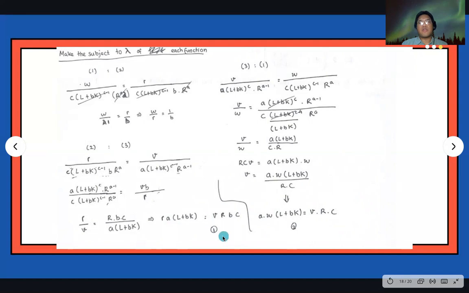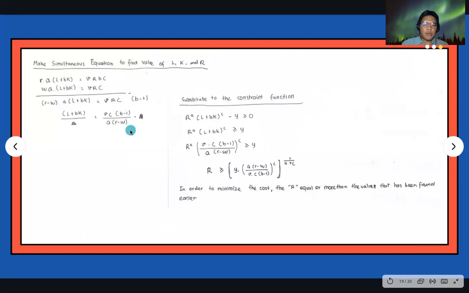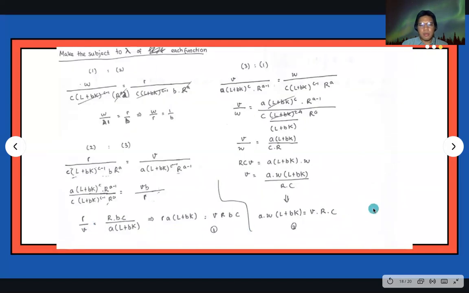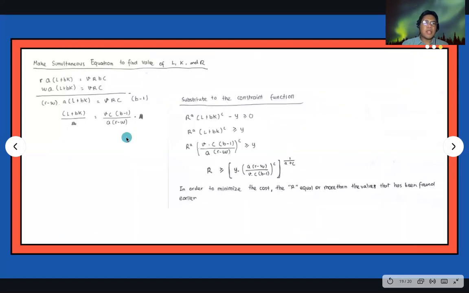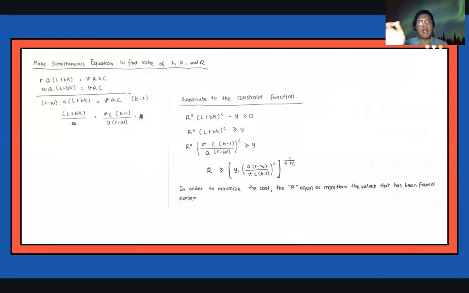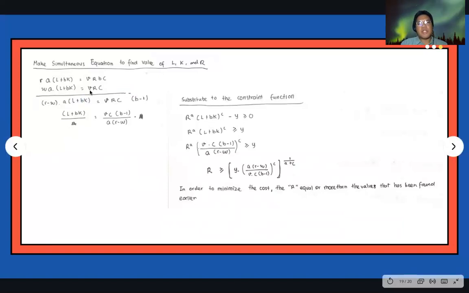Why do we have to do that? The answer is right here. We did this manipulation to make a simultaneous equation to find the value of L, K, or R. So what I am going to do is subtract to find the value of R, because we can do the simultaneous equation.